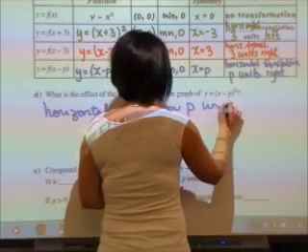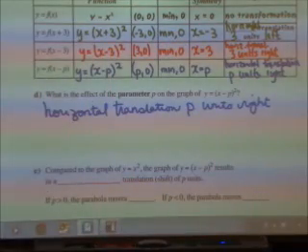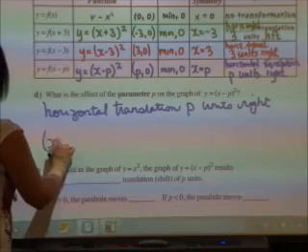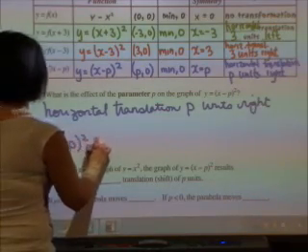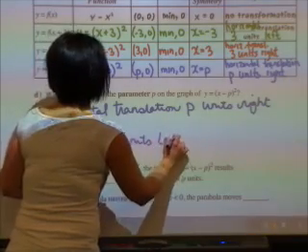What if I wanted to go p units to the left, what would my equation look like? It would be x plus p. Yeah, so (x plus p) squared would be p units to the left.